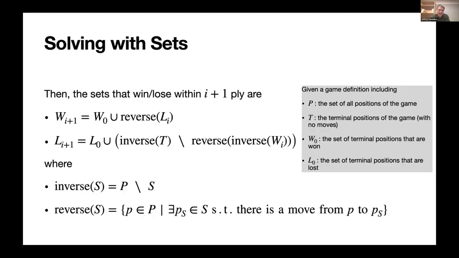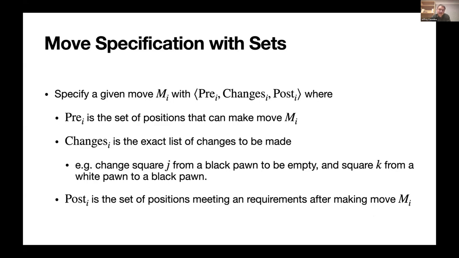They get simpler if we're using the normal play conventions. But if we have a reverse move generator, we can define these sets. We can go into more detail on each of the individual moves for a particular move. The way we describe it is in terms of a precondition, a set of changes in the position, and a postcondition.